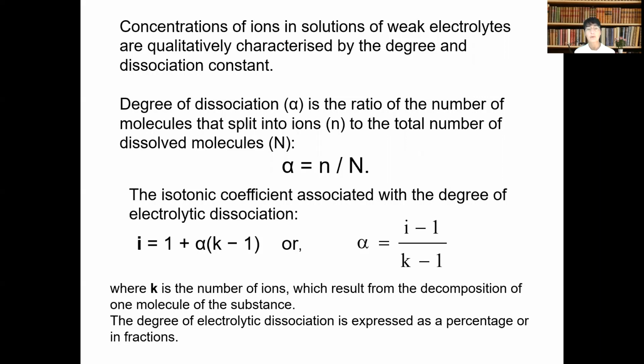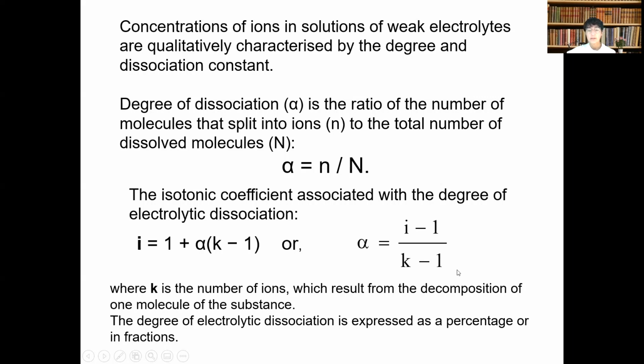So degree of dissociation alpha is the ratio of the number of molecules that split into ions, n, to the total number of dissolved molecules, N. Alpha is equal to n over N.